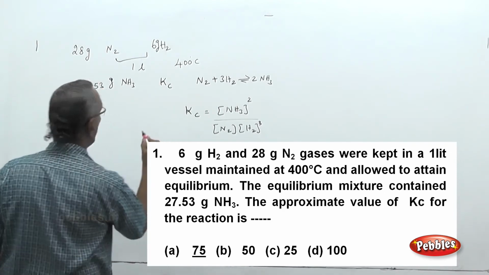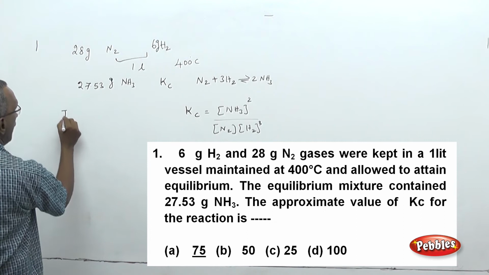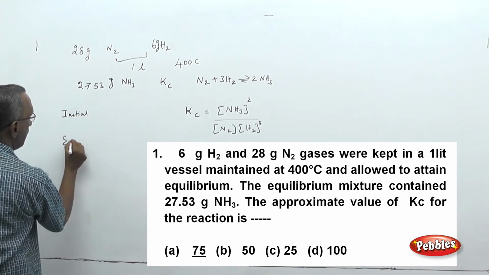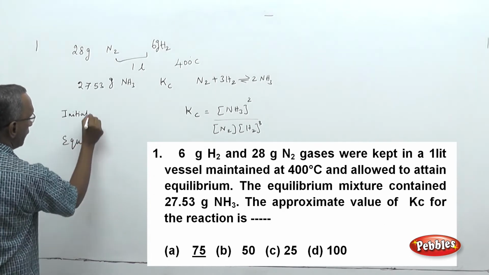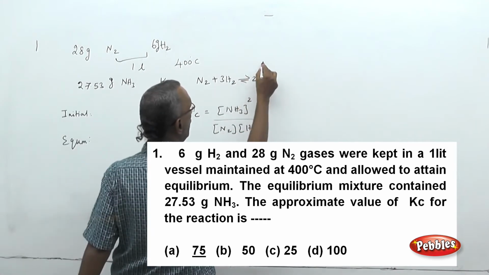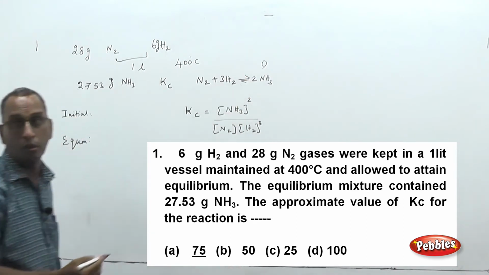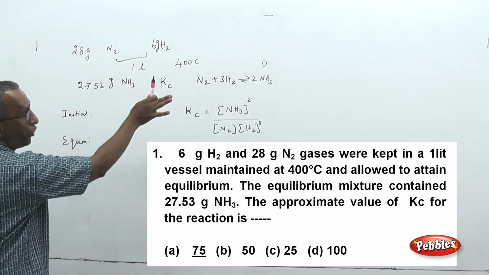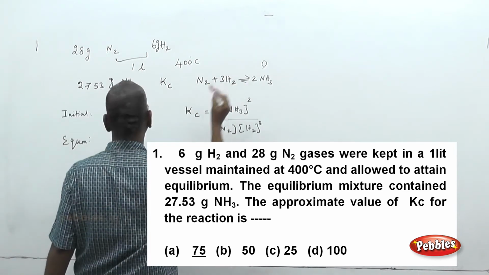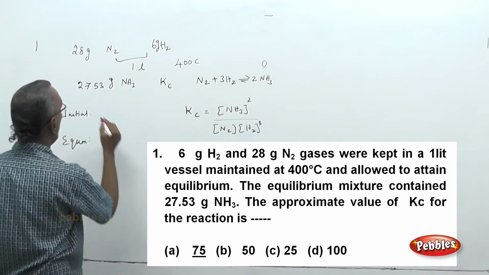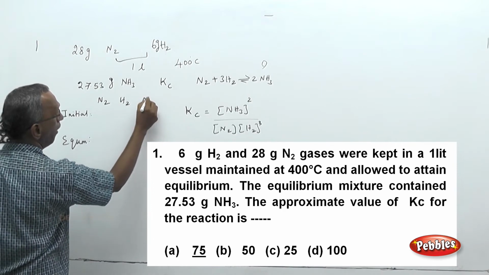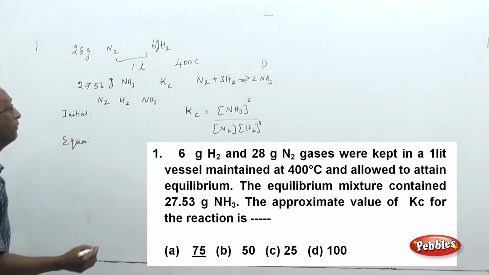We have to calculate. First we have to calculate the initial concentrations, then the equilibrium constant. There are stages. First, calculation of initial concentration, because initially the concentration of ammonia is 0. Nitrogen and hydrogen are just mixed, which means no formation of ammonia initially. So you can rewrite the equation and compare the concentrations at different instants.